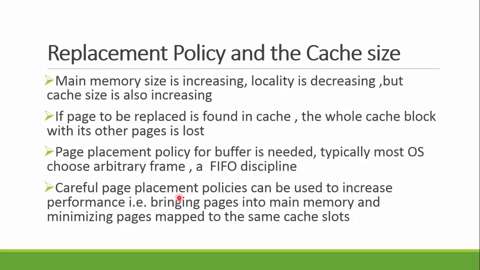So there should be some policy we can employ in that cache also. Okay, so there is a need for a placement policy for buffers. Mostly the OSs use the FIFO discipline for cache, which is not so good.